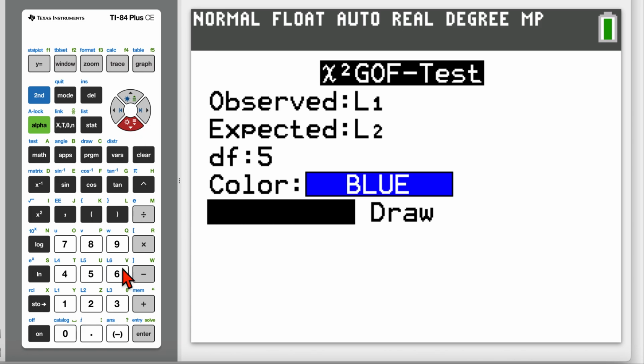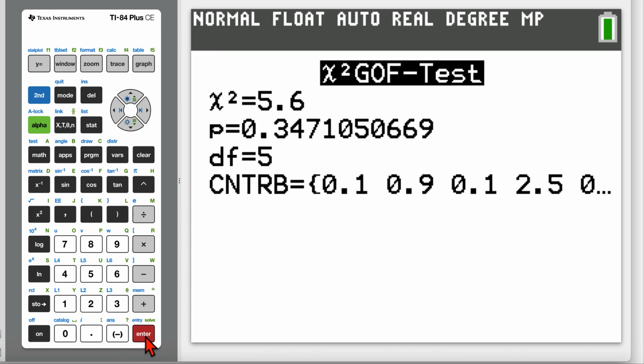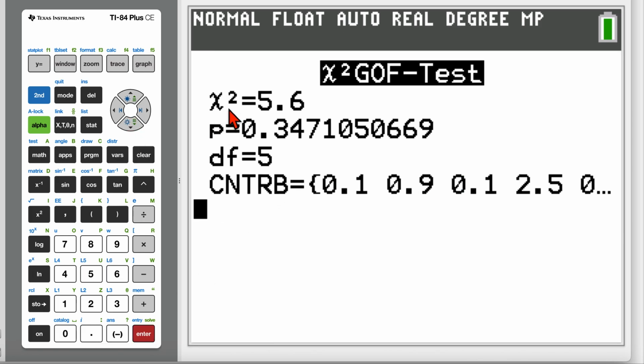And then we can arrow down to calculate. Notice we get our chi-squared statistic, which is 5.6. We get a p-value of 0.347, which we know is extremely high. They tell us our degrees of freedom is 5.